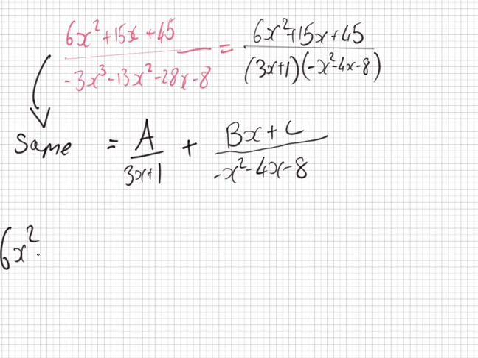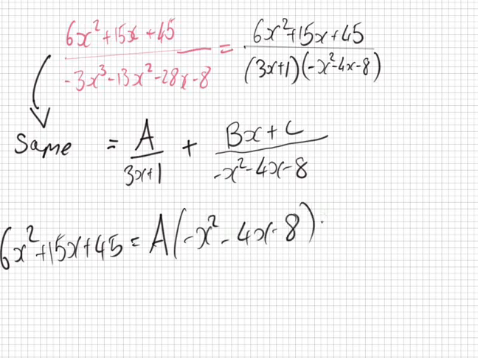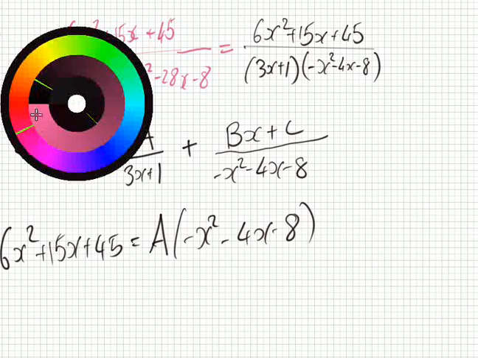So I do my multiplication next, and I get 6x squared plus 15x plus 45. You know I put the brackets in. Equals A times minus x squared minus 4x minus 8 plus bx plus c times, sorry, hang on, I put my brackets in to help me out here.